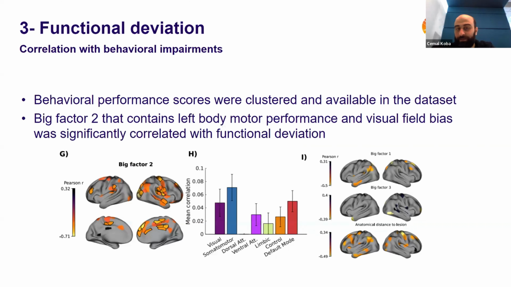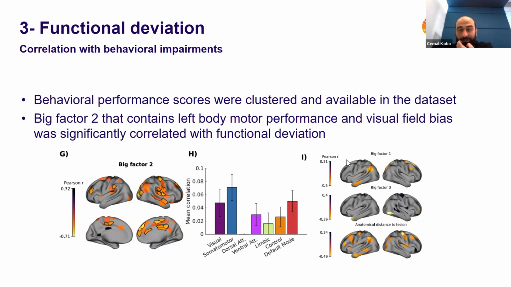Basically, we correlated, for each region, the functional deviation of that region and the weights of the behavioral clusters. And we saw that factor 2, which explains left body motor performance and visual field bias, is significantly correlated with functional deviation, mostly, again, on visual and somatomotor areas.